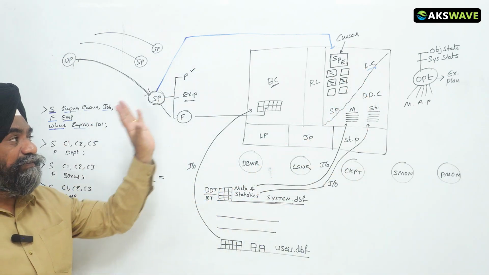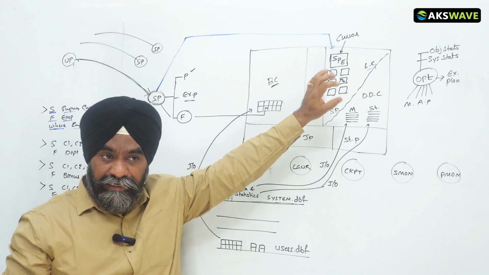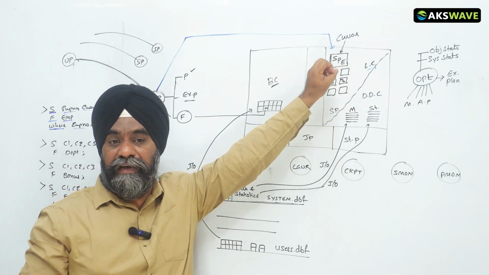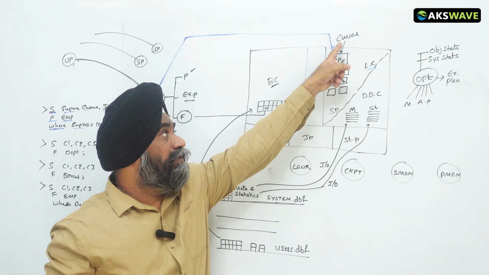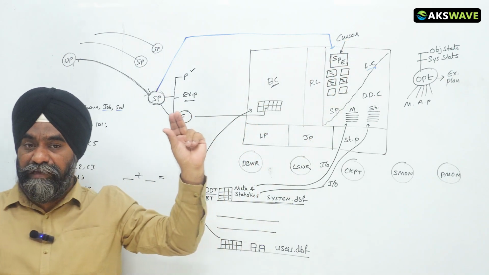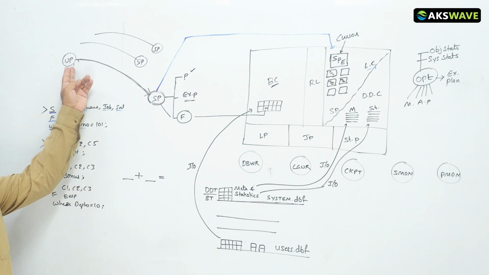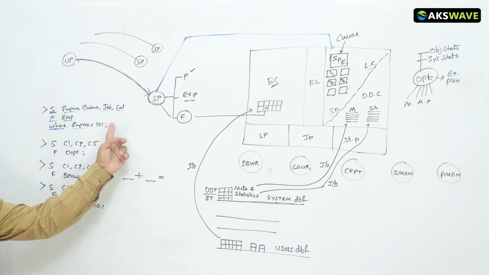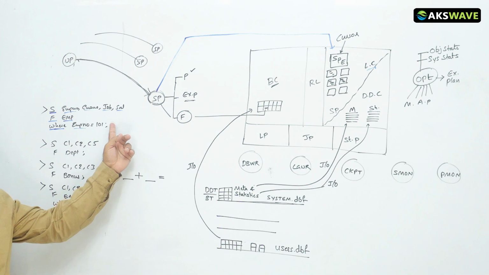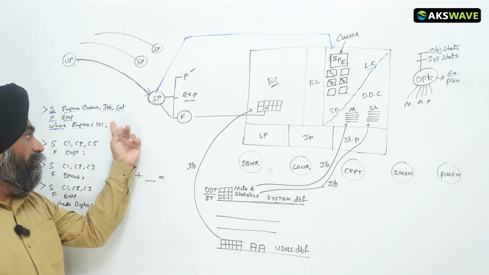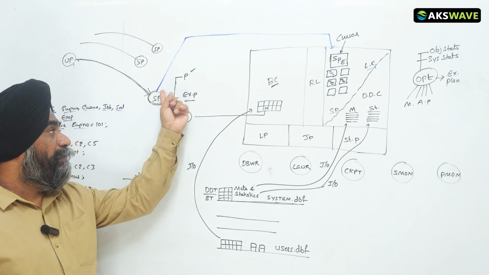Now, hundreds of statements you can see stored inside the library cache, inside a cursor, a piece, a chunk of area. Now, when I submit the same statement again, what happens?